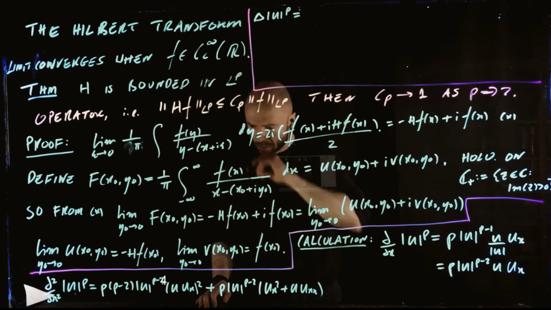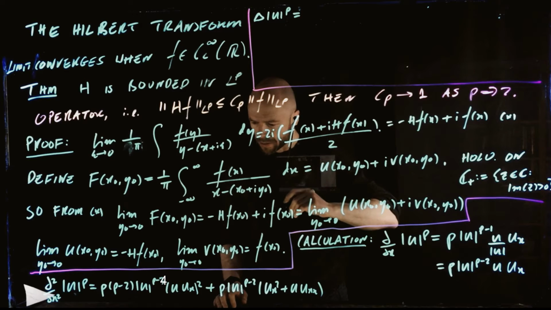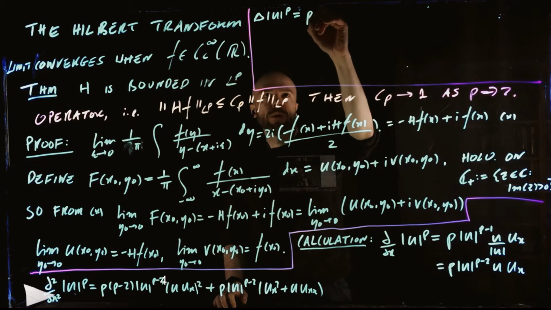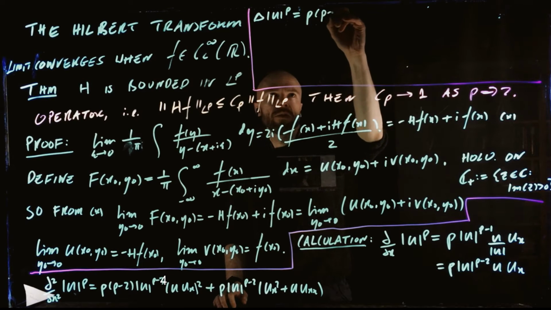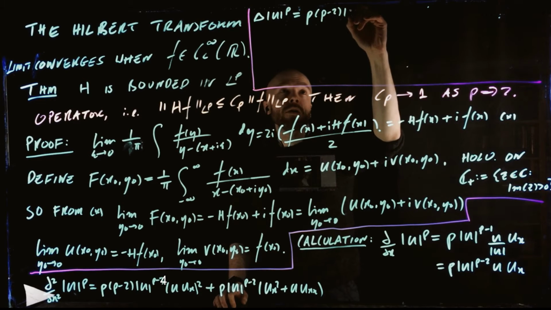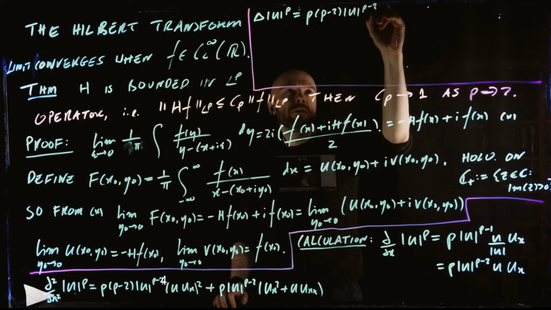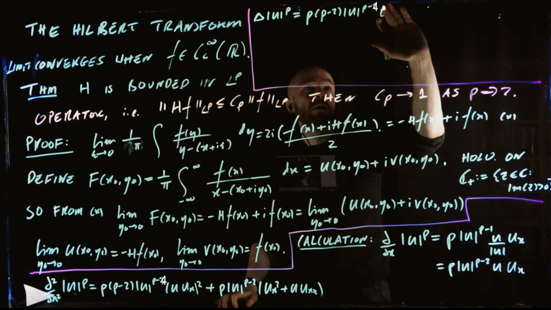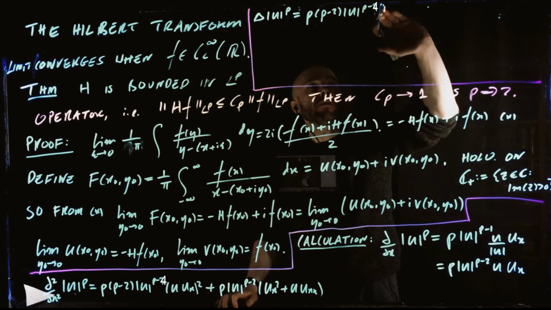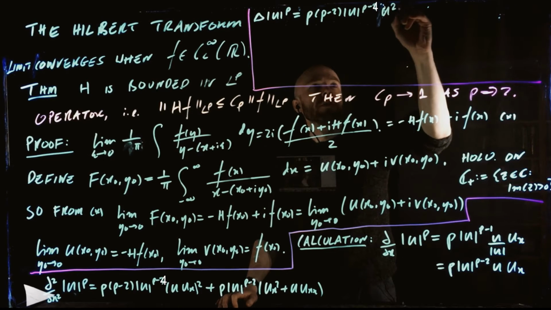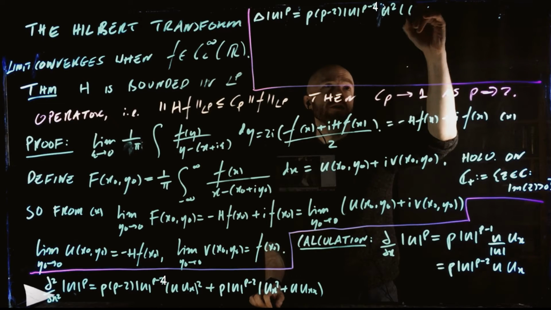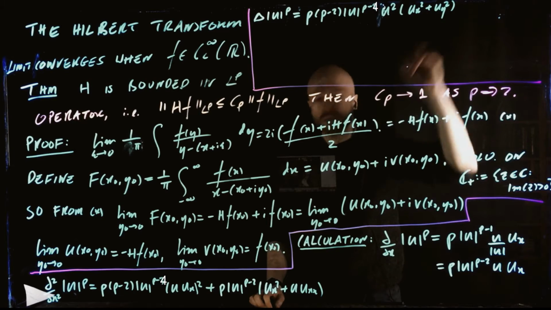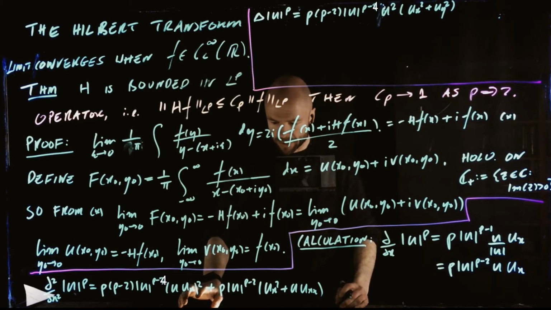Then we are going to get this kind of stuff here. So we're going to get p minus 2, u to the p minus 3, and then we're going to get this u squared term. And then from this thing, we're going to get u of x squared plus u of y squared, like this. That's what happens from this thing.